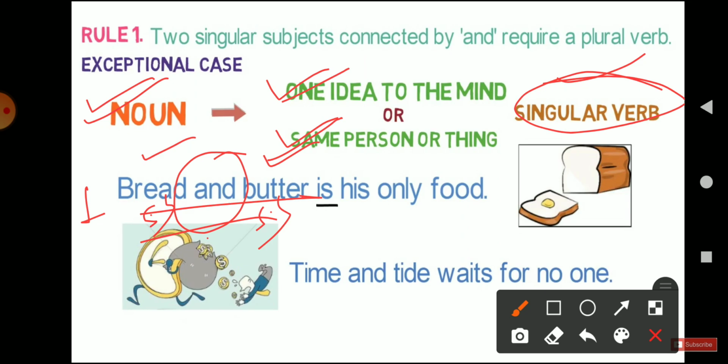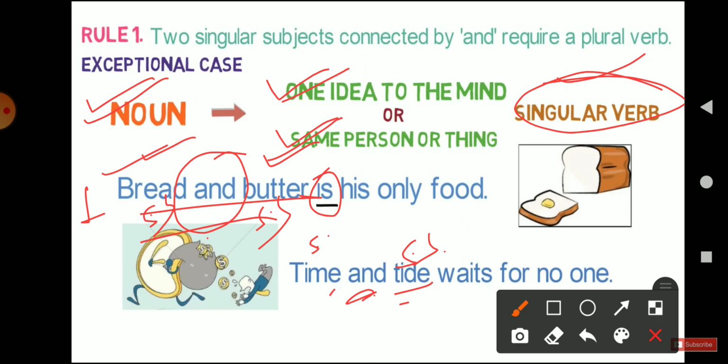That is the reason we have used the singular verb "is" in this sentence. Correct? Now, similarly, the second sentence says, "Time and tide waits for no one." First of all, the singular subject is time. Similarly, the singular subject is tide, and both are joined with "and". But we have used a singular verb here.